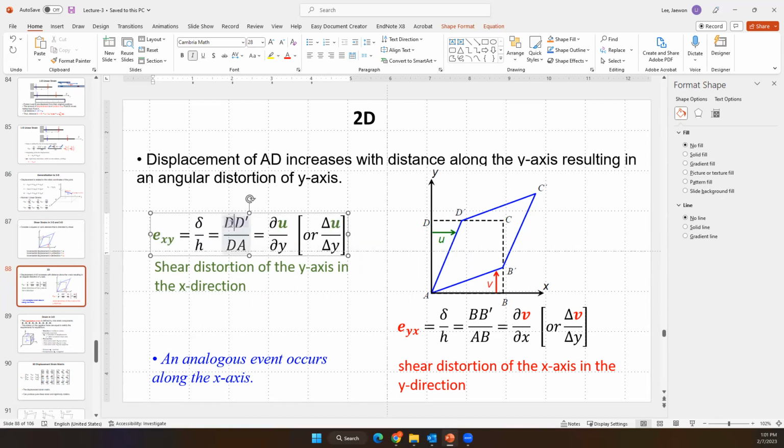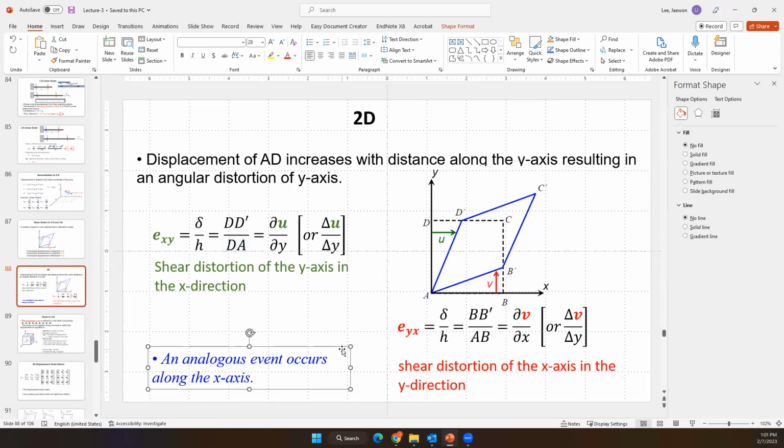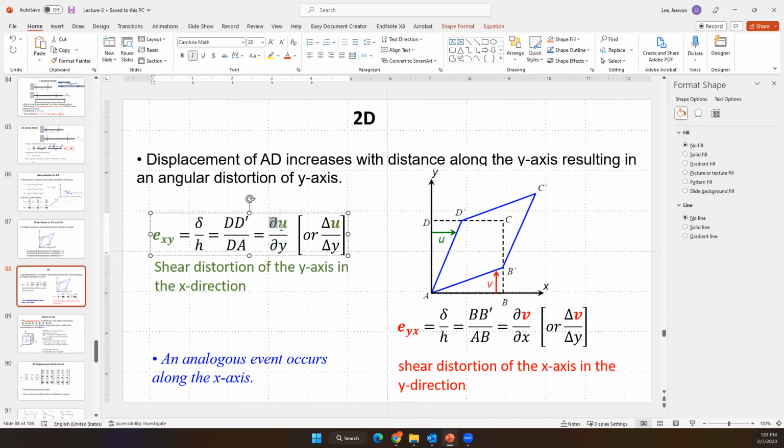It means if we apply a y direction distortion, making it the h, the x direction distortion could appear as dd, the distortion displacement. So we can define it as du over dy, or delta u over delta y.